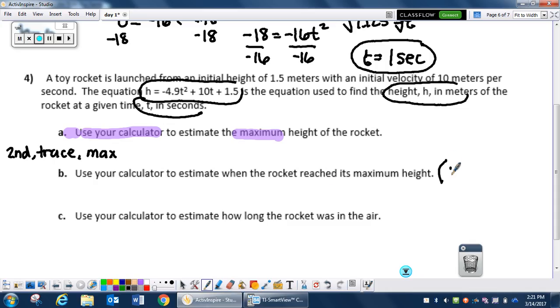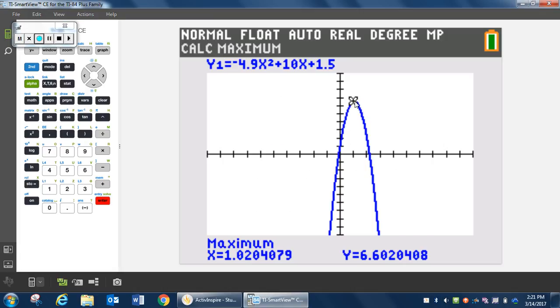I rounded to the nearest unit, which we've been doing, because we're going to need both numbers. So 1, 7. So the y here represents the height. So the height was 7 meters. Okay, so it was about 7 units or 7 meters at the top of that parabola.